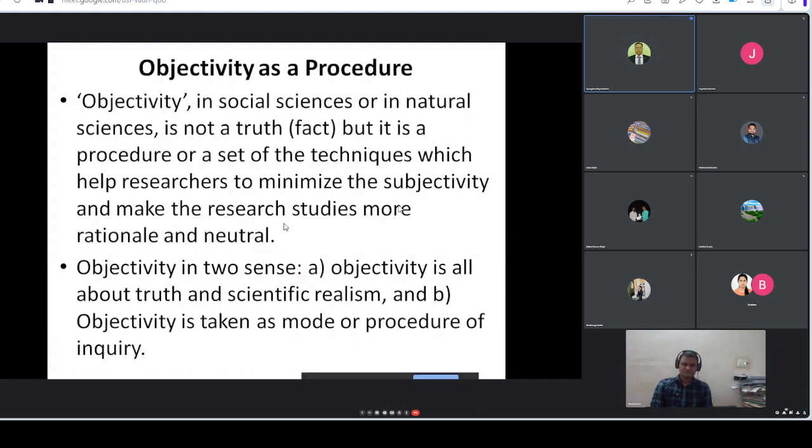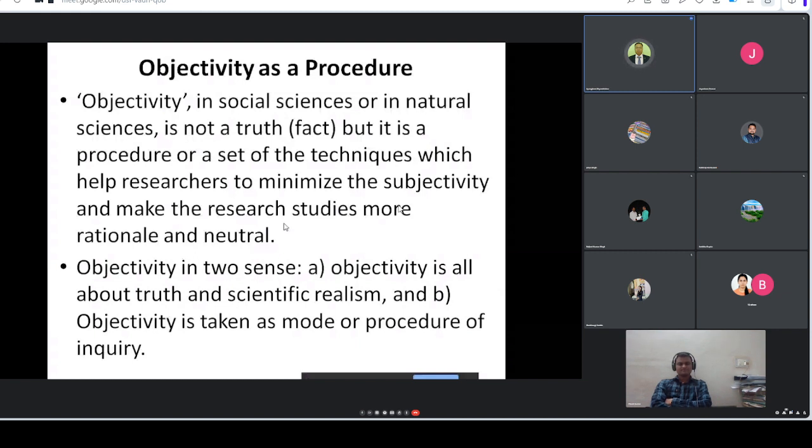That is why when we talk about objectivity, there are two senses. In the first sense, objectivity is all about truth and scientific realism. If you remember, for example, behavioralism, the whole argument of David Easton about quantitative research. Even with behavioralism, which is about scientific studies or scientific realism, there were so many critics, so many criticisms posed on it.